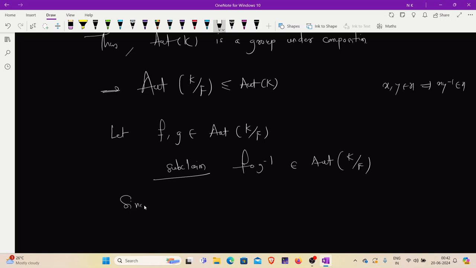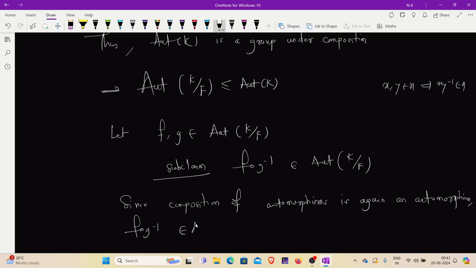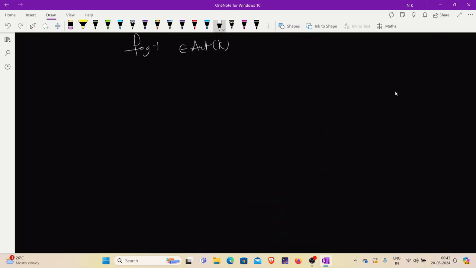So since composition of automorphisms is again an automorphism, f composite g inverse belongs to Aut K. So it is an automorphism of K. Now the only thing that remains to prove is that it fixes F. So let me take any element from here. So let x belong to F be an element.